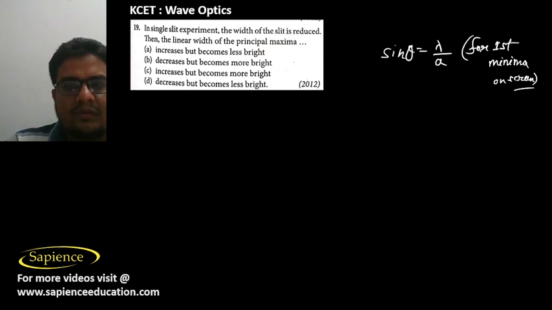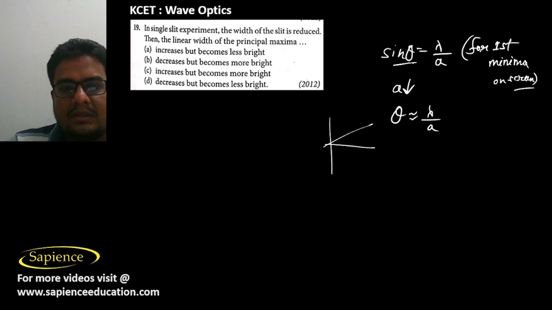If theta is very small, then theta is approximately equal to lambda by a. And here this is theta where the first minima is formed.